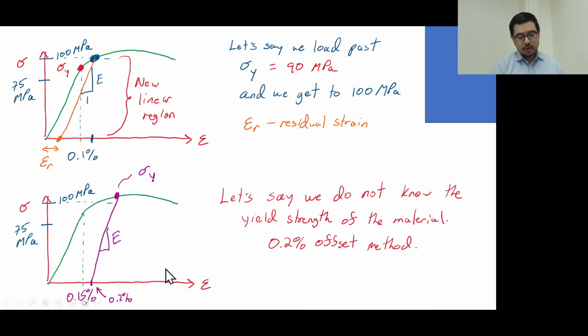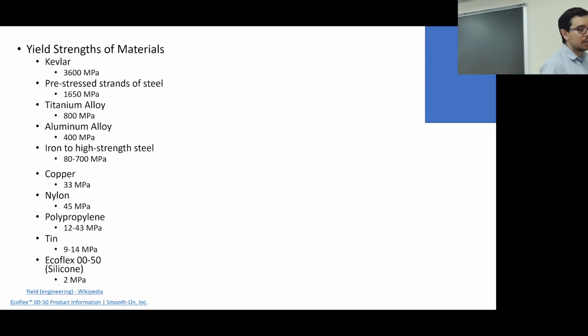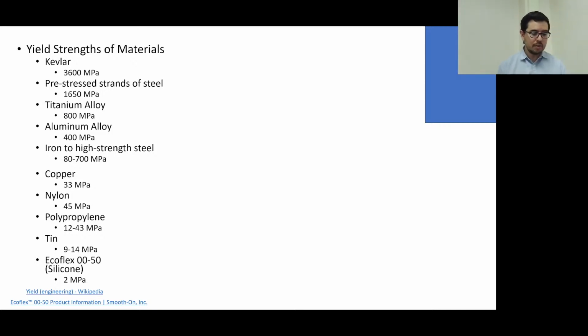And so now this is a little bit more prefabricated slide on that. This slide is just telling you what some of the yield strengths are of common materials, or maybe not common materials, that you have around the house. Kevlar, right? Why do we like it?